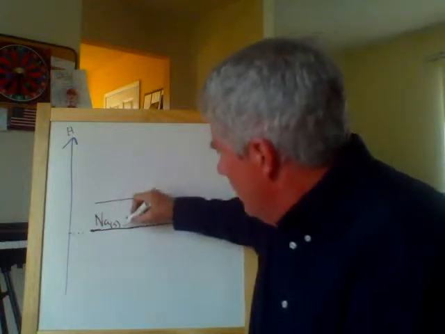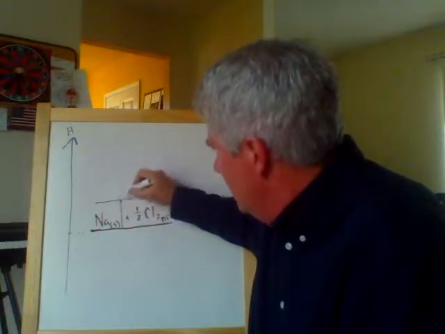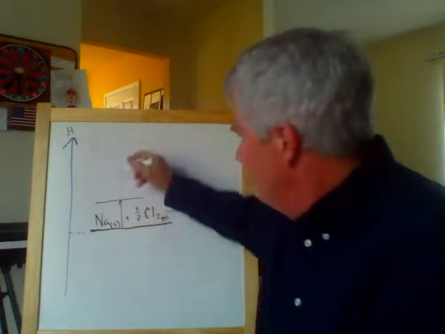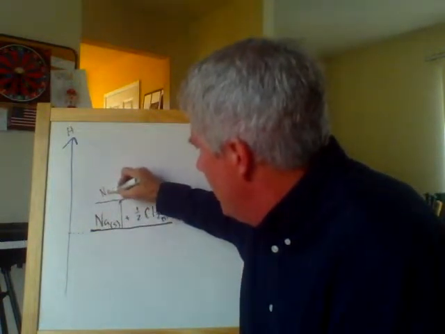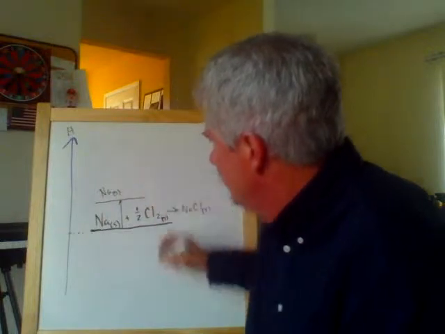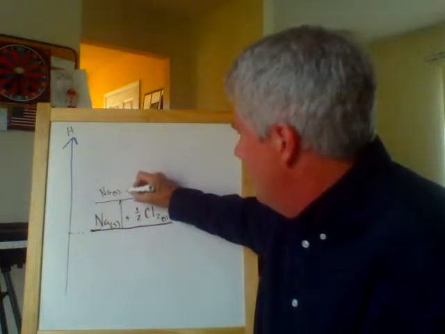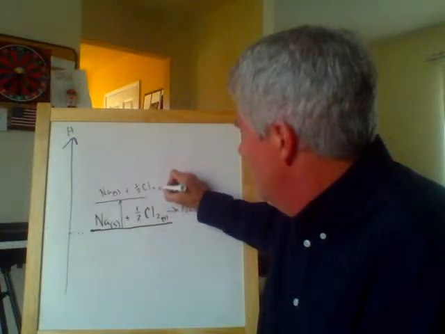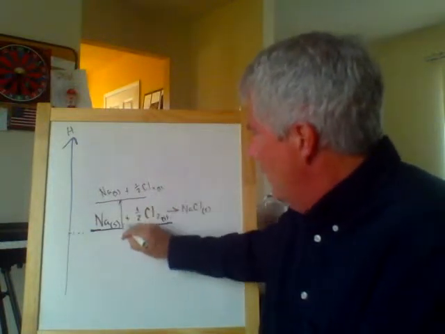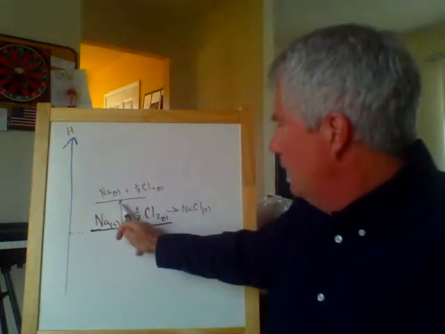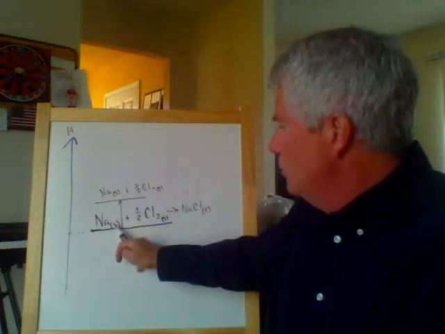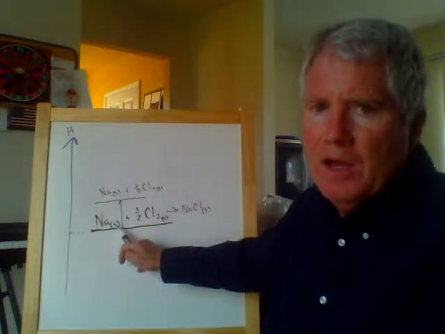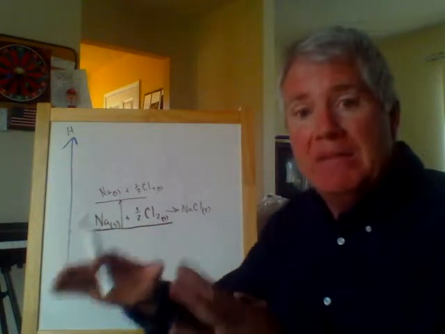Okay. So the first step can be seen as taking the sodium as a solid and turning it into a sodium atom as a gas. This arrow that I drew, the vertical arrow, requires energy to take a solid sodium atom, which is in a metallic lattice.